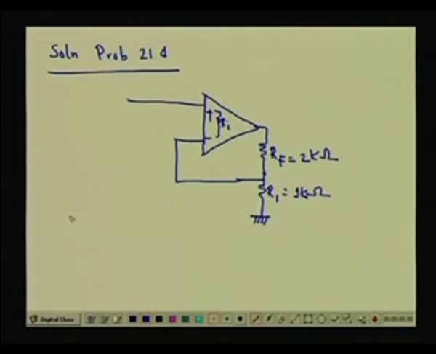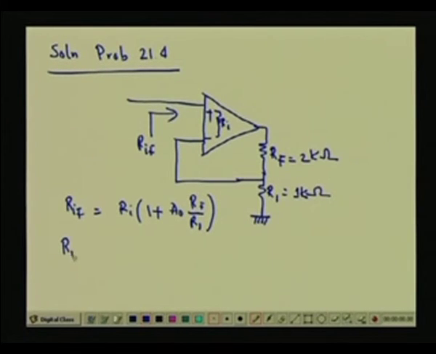Now obviously I can write, you see that RIF, looking from this terminal, equal to Ri (1 plus A naught Rf by R1), and so RIF equal to 10 to the power 6 times (1 plus 10 to the power 5 by 1).